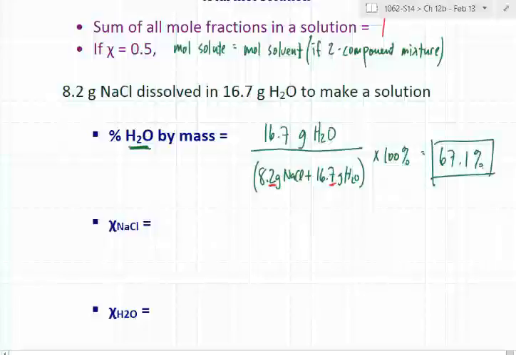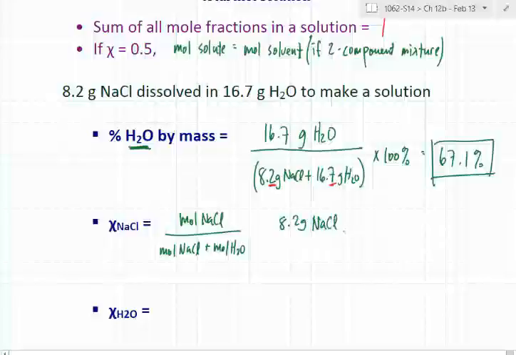What does that script X mean? Mole fraction of NaCl is going to mean moles of NaCl over what? Total. So mole NaCl plus mole H2O. How do I get moles of NaCl out of 8.2 grams?